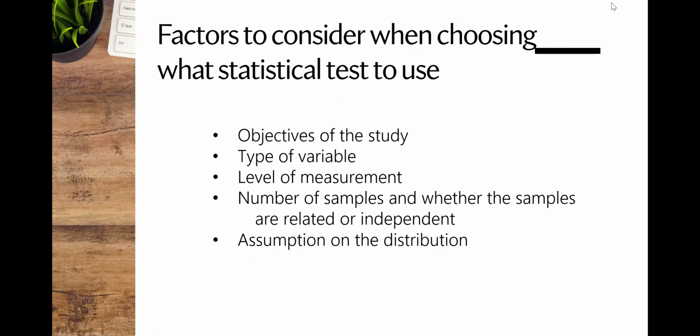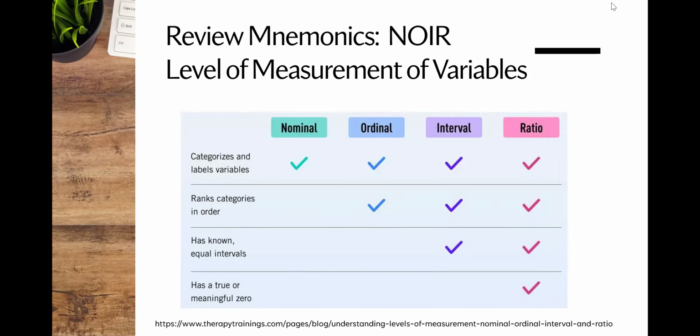For a quick review, I have two slides looking at the level of measurement and the assumption on the distribution. I'm sharing the review mnemonic NOIR to represent the level of measurement of variables, because from lowest to highest they go nominal, ordinal, interval, and ratio. And you see that for each one, here are the characteristics.